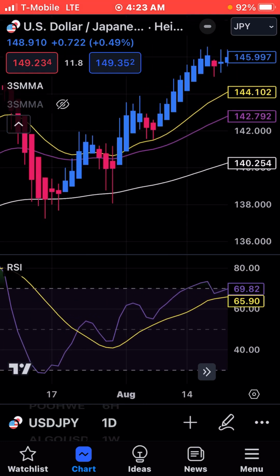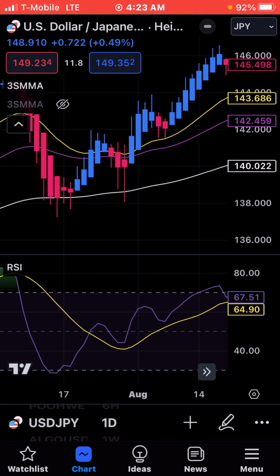I look for the signal to get in, and when I get a good enough amount of pips, that's when I get out. I don't stay in these trades for a very long time. I get enough pips, say that's a good enough amount for right now, and then just wait for the next signal.